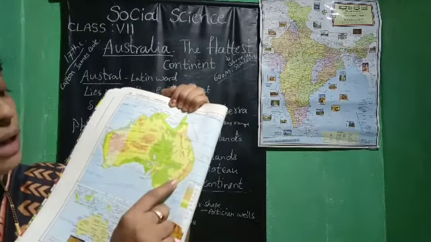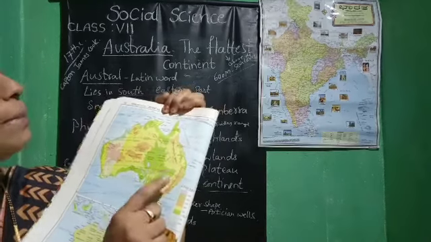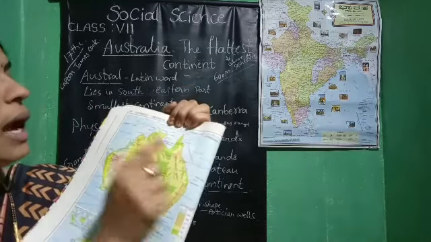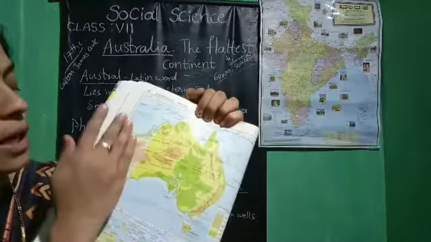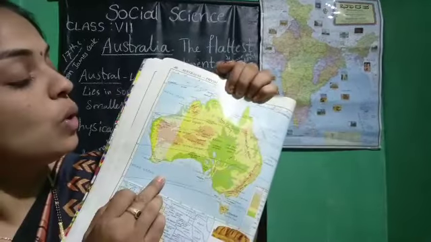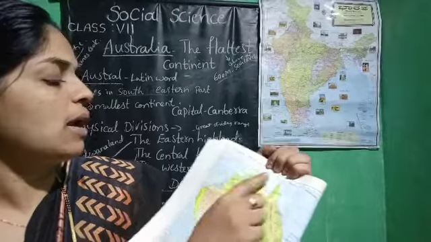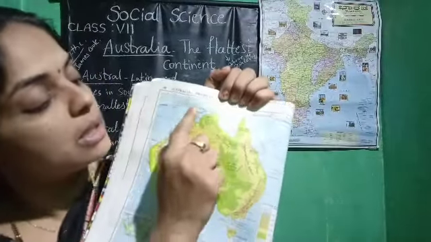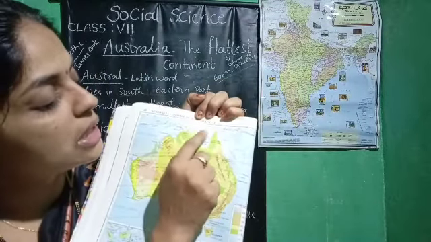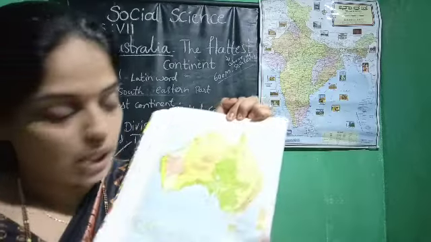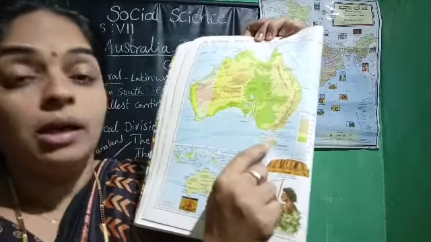This is Canberra, the capital. Then the Coral Sea, and this side is the Pacific Ocean, and this side is bounded by the Indian Ocean. Then one more thing: the Timor Sea is located here, the Arafura Sea is located here, the Coral Sea is located here, and Tasmania is located in this group.